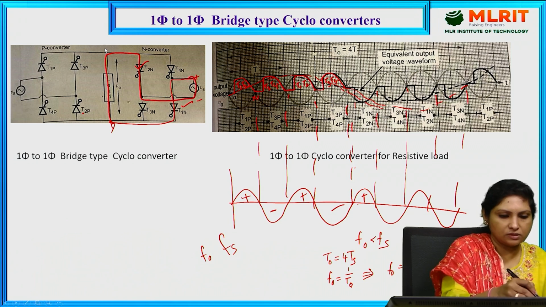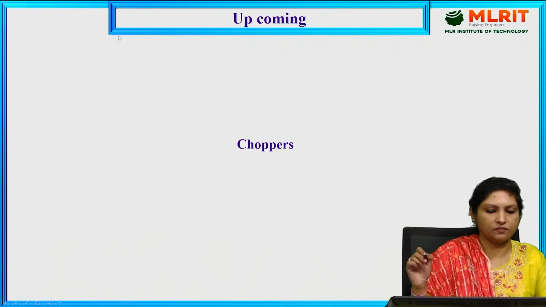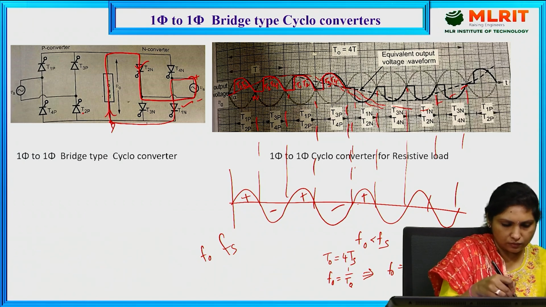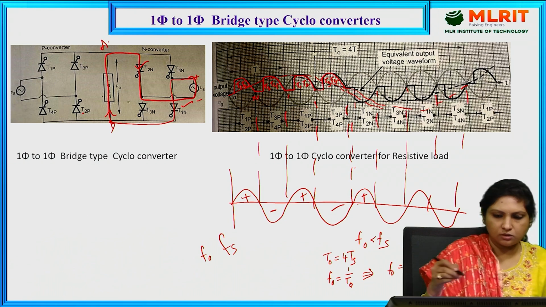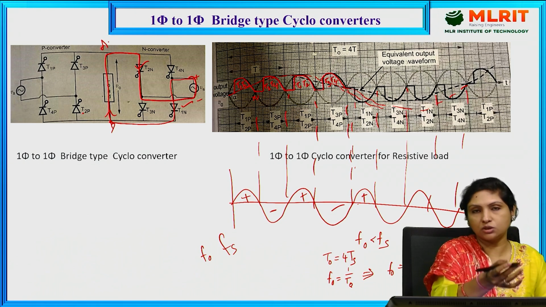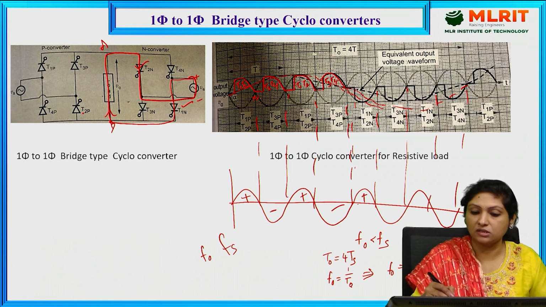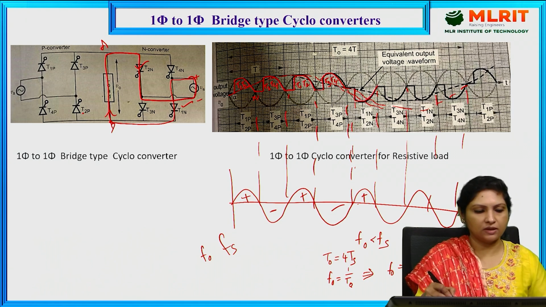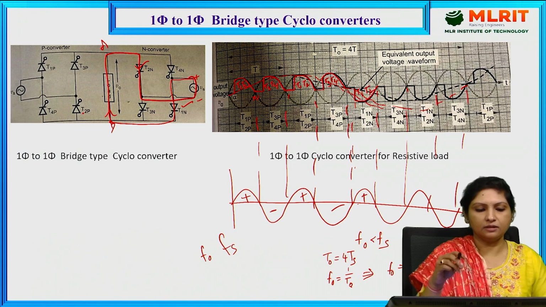If you see, current is flowing in the reverse direction, because here T1 is conducting current from B to A. So current is flowing in the reverse direction to that of the first case. That is how the negative half cycle of the output voltage is controlled, and this is due to T1 and T2.